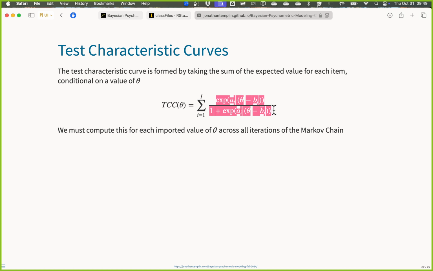That probability represents the expected probability that a person with a theta of -3 answers this item correctly. The test characteristic curve is the sum across all items of their respective probabilities. So what you can say is the y-axis on the test characteristic curve turns out to be the expected number of points scored, raw score points scored on the test itself. Okay.